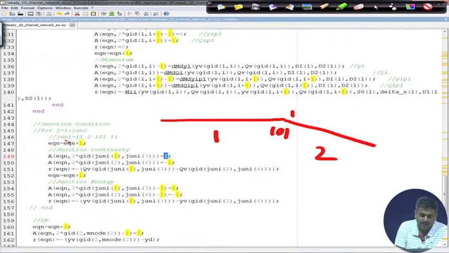So that is why junction information is 1, 2, 101, 1. Now again I need to add one continuity equation here and one condition here.